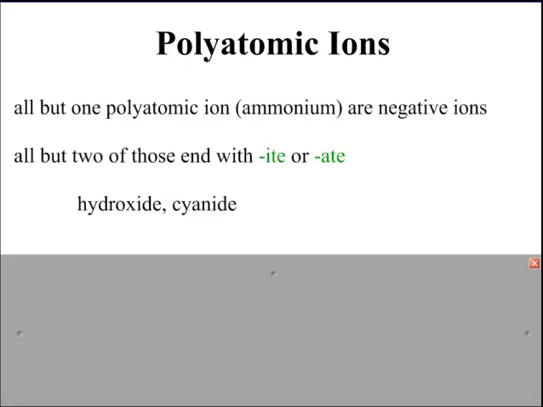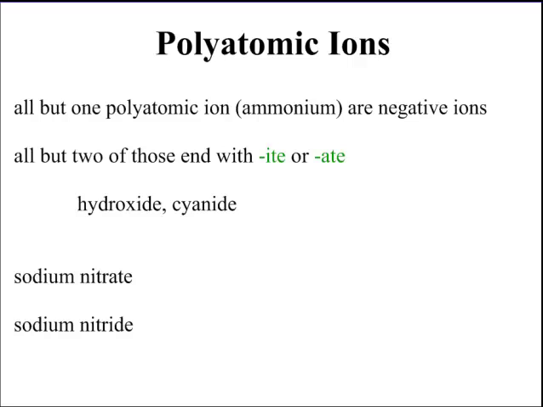With regards to polyatomic ions, all but 1 are negative ions. All but 2 of those negative ions end with ITE or ATE, and that's the part of the name that tells you a polyatomic ion is present. Compounds with a monatomic anion, remember that's an ion of a nonmetal on the periodic table, have the IDE ending.